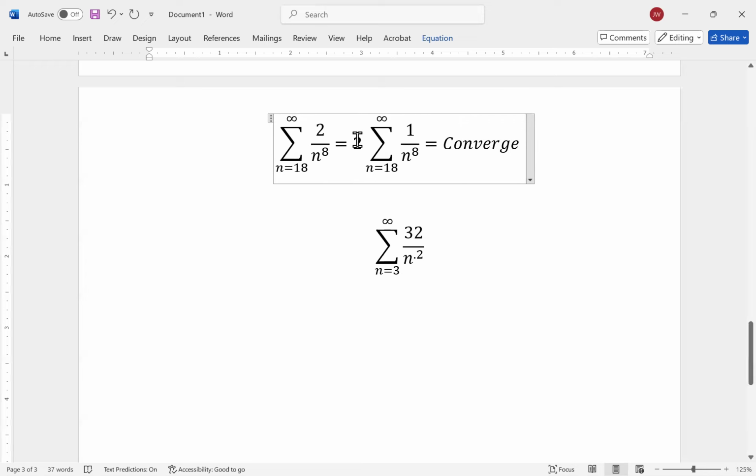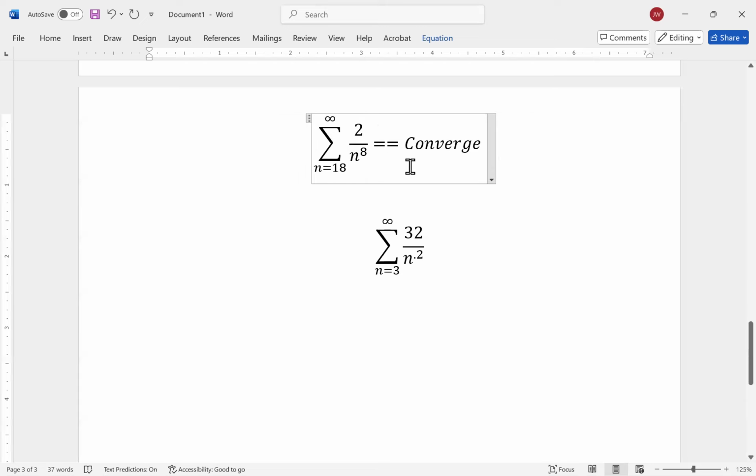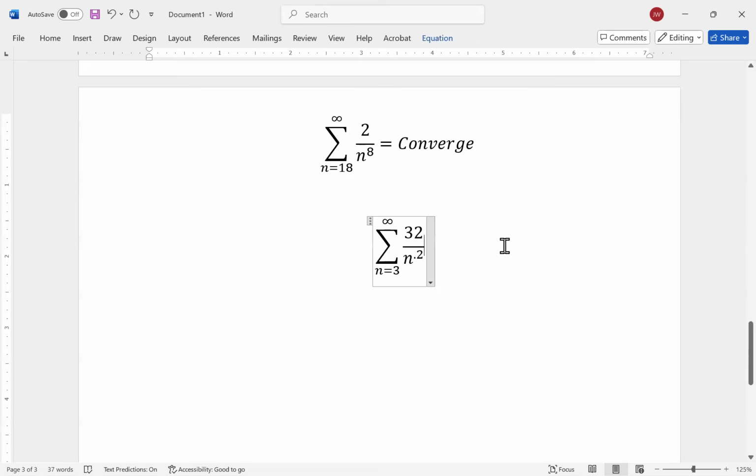Again, you can factor out any constant number, and then starting at any value other than 1 still doesn't affect whether it converges or diverges. If it does converge, it'll affect what it converges to, but not the fact that it converges or diverges.